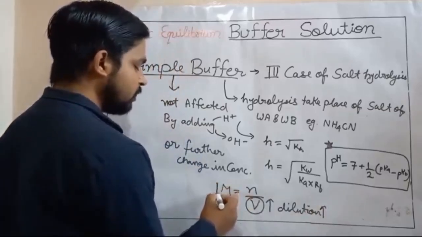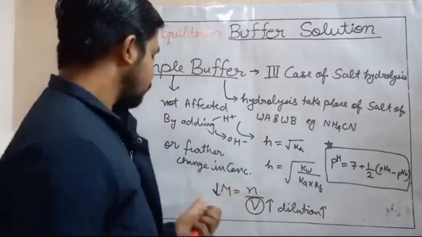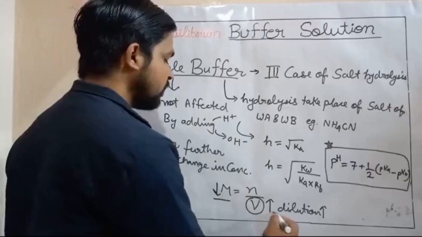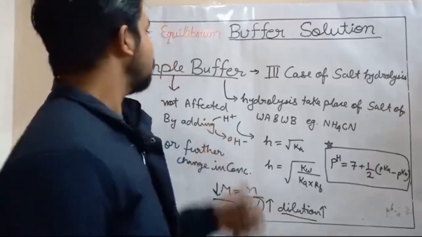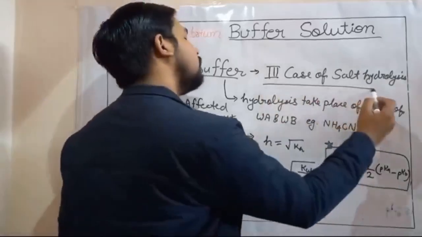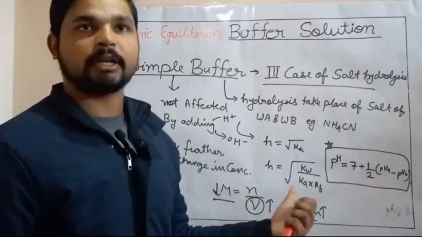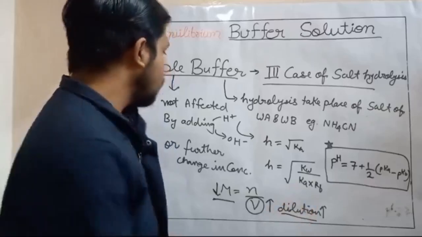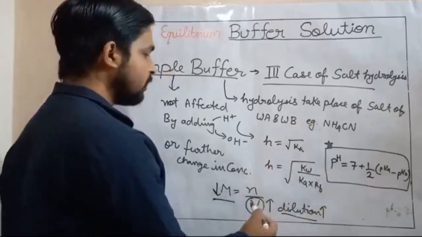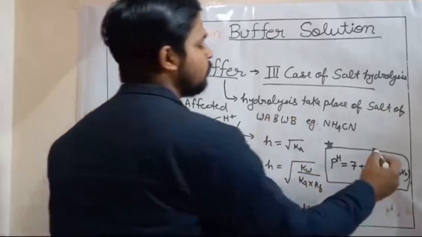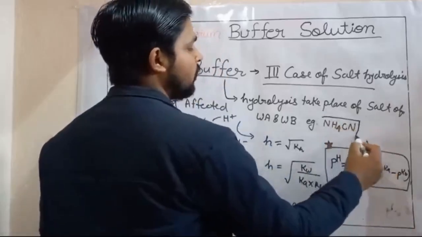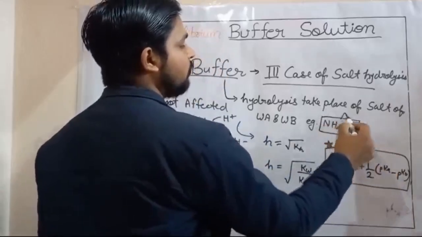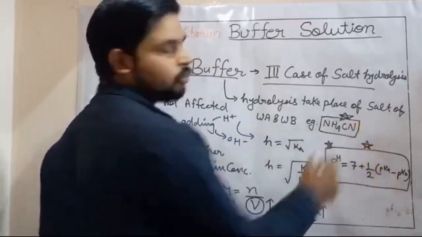Okay student, the concentration decreases. But in the formula of the third case of hydrolysis, there is no concentration term. So if we change the concentration, there is no effect on the pH of the salt of weak acid and weak base. So simple buffer action takes place. Okay student.